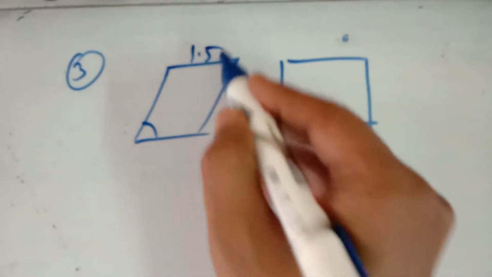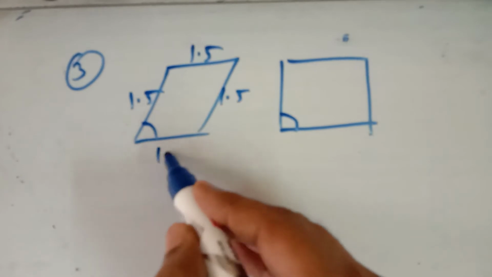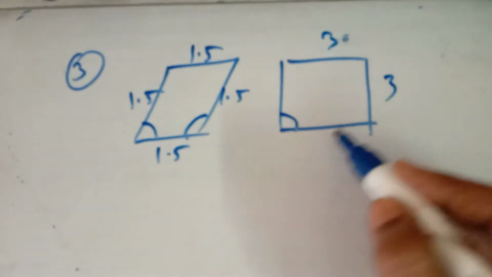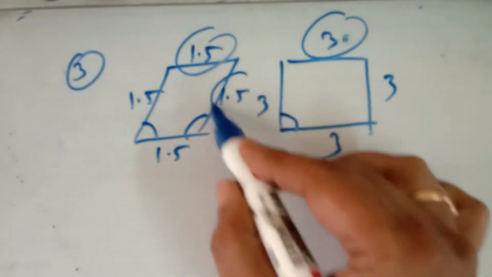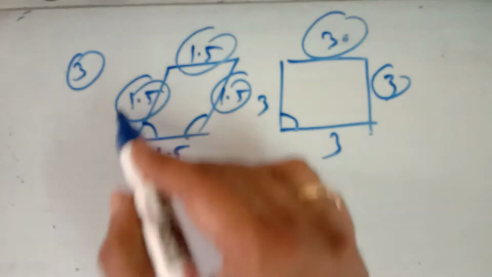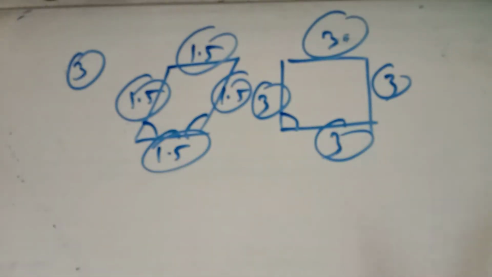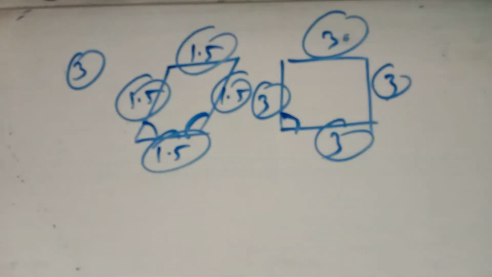Their sides can be in the same ratio, but the angles are not equal. This is 3 centimeter. The ratio between these two sides is 1/2, and the same for the other sides. The sides are proportional, but their angles are not equal.